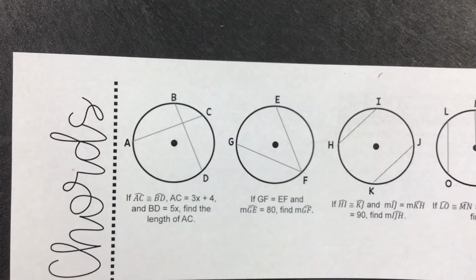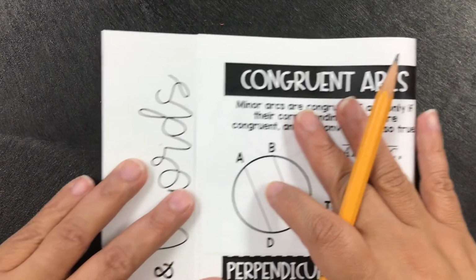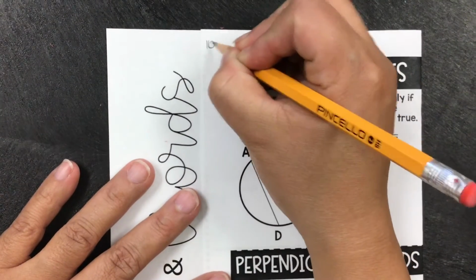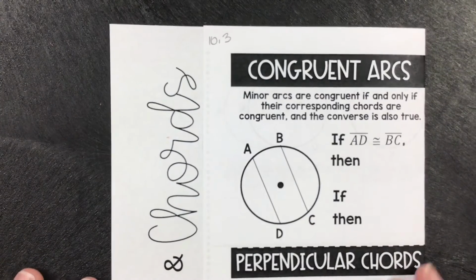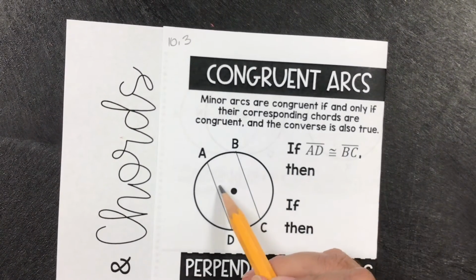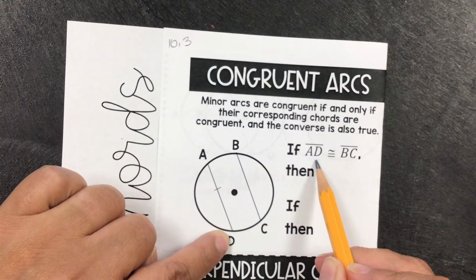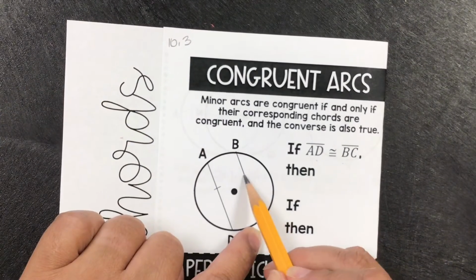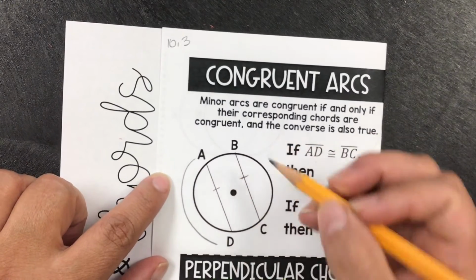This is the foldable for section 10.3. We're going to fold it towards that dotted line. And what it is, arcs and chords, and we have congruent arcs. What that means is that if they tell us that this segment right here, AD, is congruent to this chord right here, BC, then their arcs are also congruent.